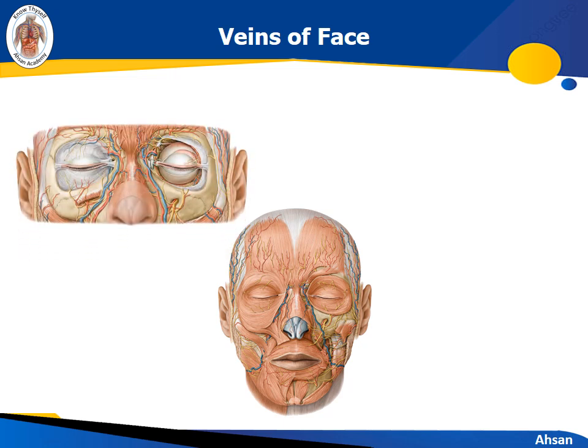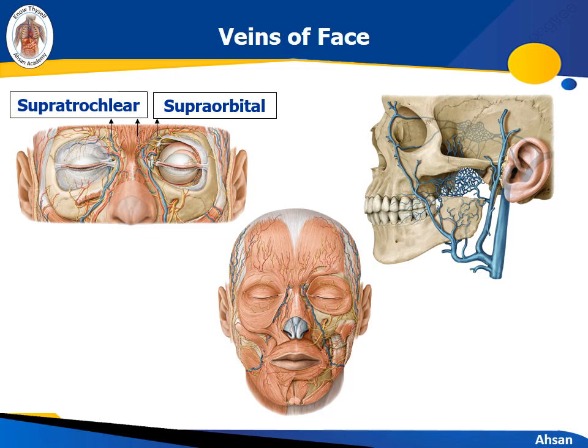Veins of the face start from the small veins of the forehead. They unite together to form the supratrochlear vein on the medial side, and the supraorbital vein on the lateral side. Both these veins descend downward and fuse together to form the angular vein.